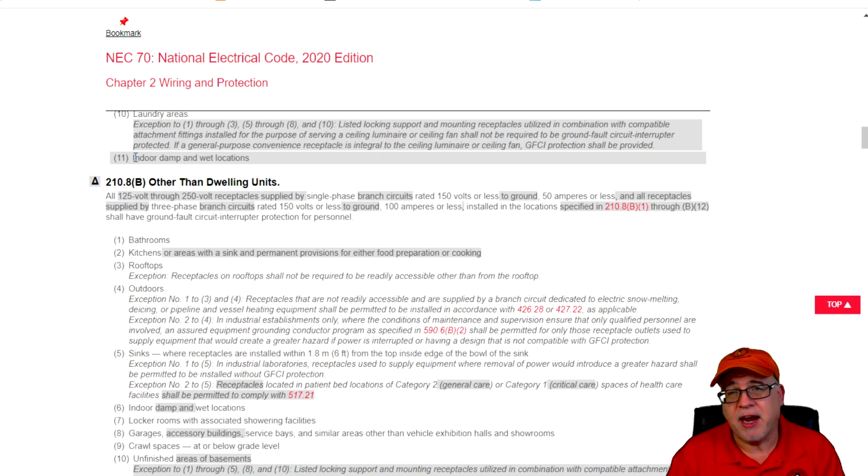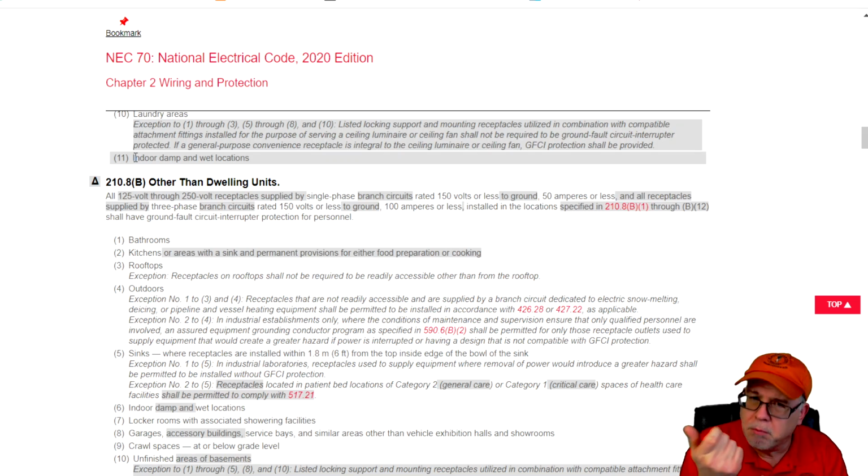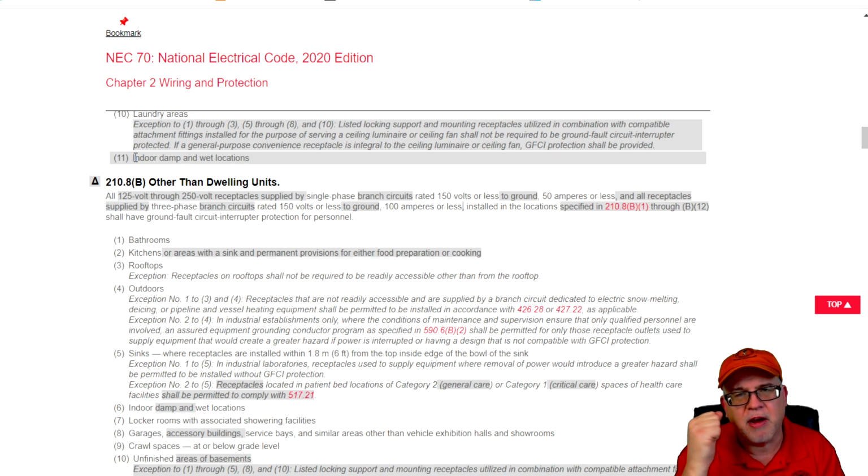Well, there's plenty of areas that we do, like some of the upscale homes have actually entrances into what's called a dog wash area. And it is all tiled with a drain in the floor. Literally, that is a damp or wet location. And so any receptacles that are in there, because people plug in blow dryers and things like that, power dryers, they have to be treated as if it's a damp or wet location, and it's going to need GFCI protection.